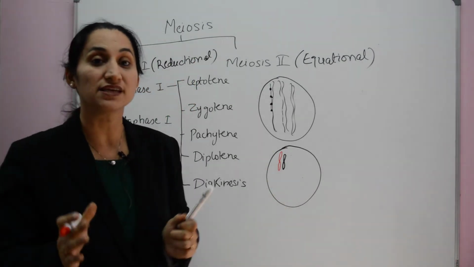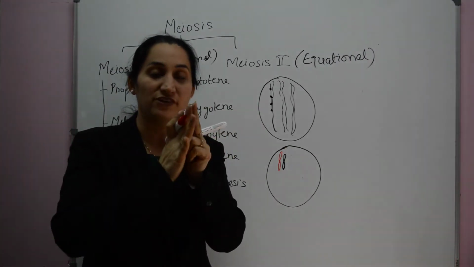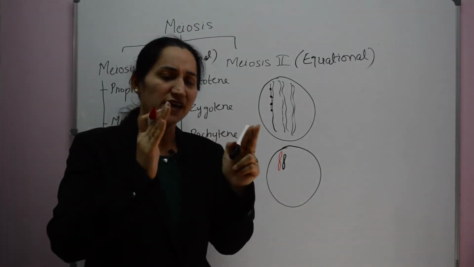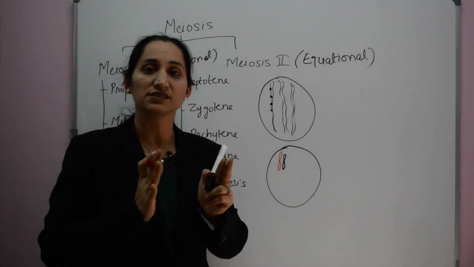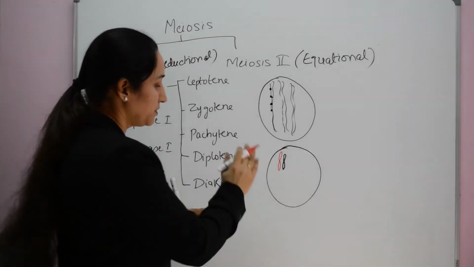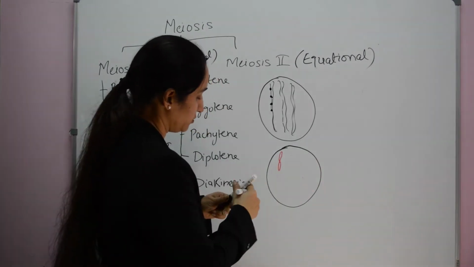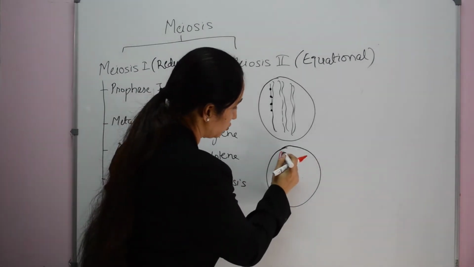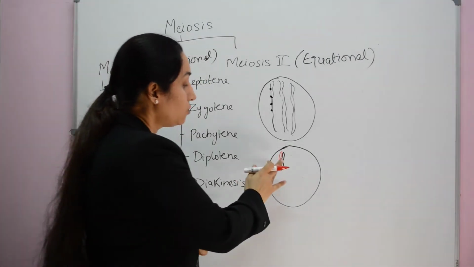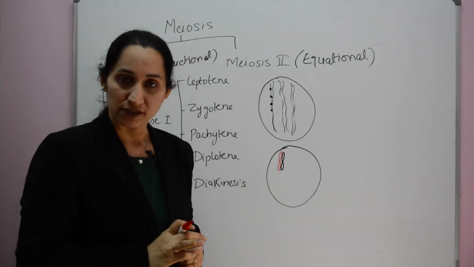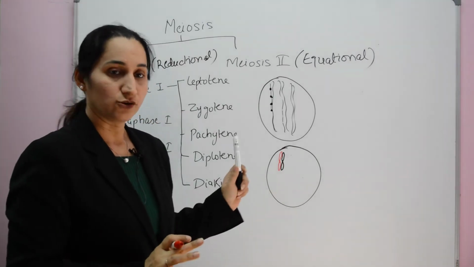The synapsis actually occurs in a zipper-like fashion. It can start from any location, but it will be in a zipper-like fashion. The lengths of both will be the same, and they both should look similar, right? Now they are arranged in pairs in the case of zygotene.